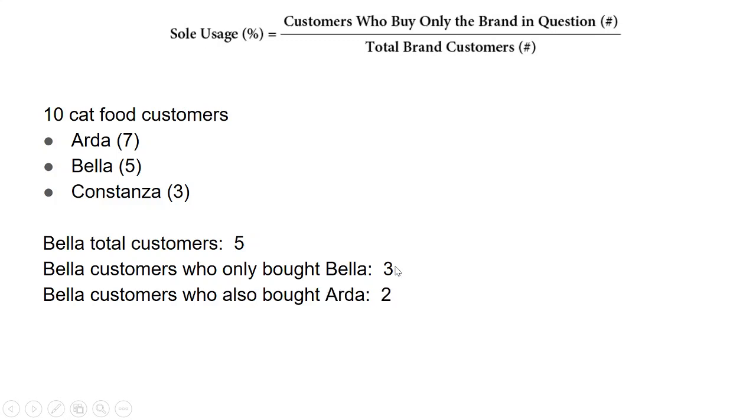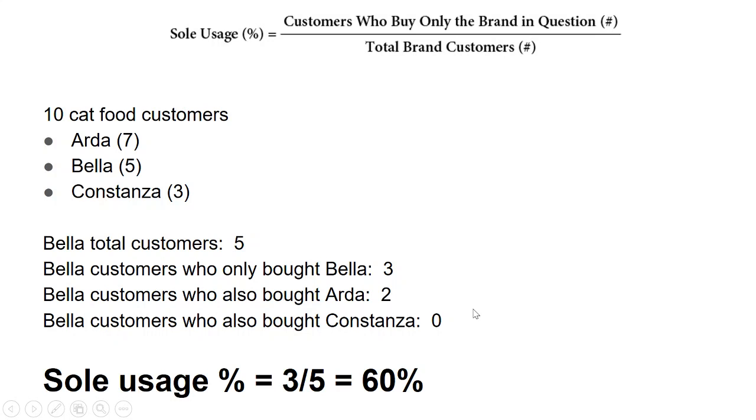This is just extraneous information here to help you understand. The number of Bella customers who also bought Arda was 2. The number of Bella customers who also bought Constanza was 0. So our SOL usage becomes 3 divided by 5, or 60%. I put the extra information there to force you to wade through all the information to figure out what's relevant for this fraction.